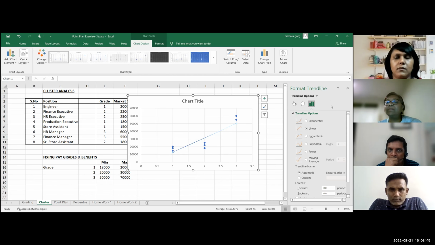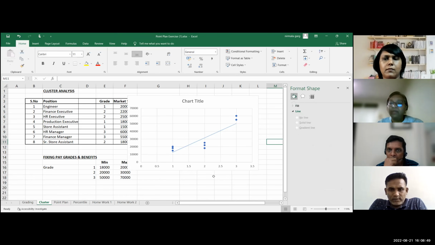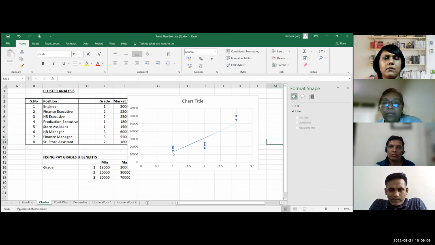All right. So can you see a trend line, guys? Yes. Now, what does a trend line do? It helps you to understand where your job points are.